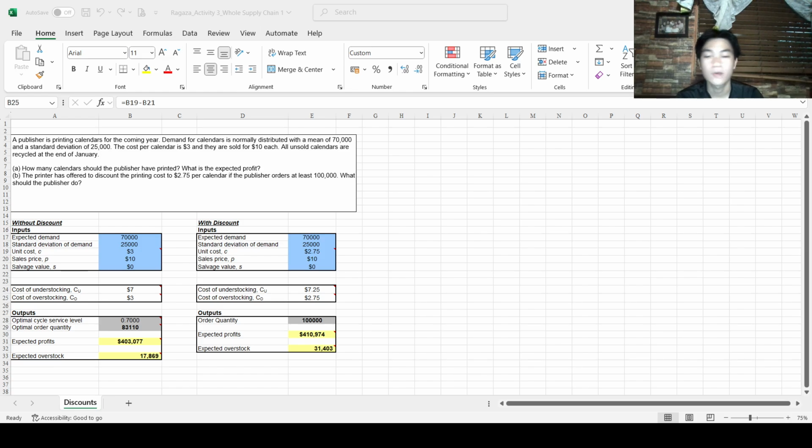Moving on from the problem statement, there are two tables: one without a discount for the printing of the calendars for the upcoming year, while the second has a discount.